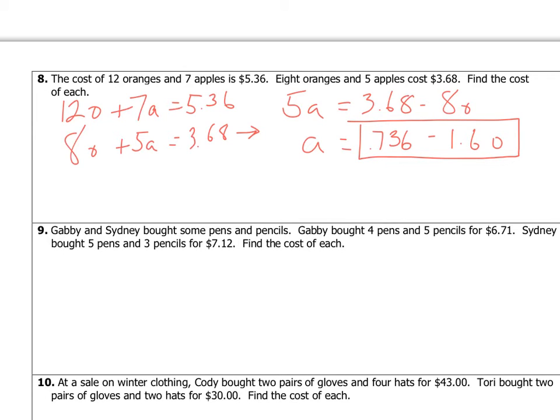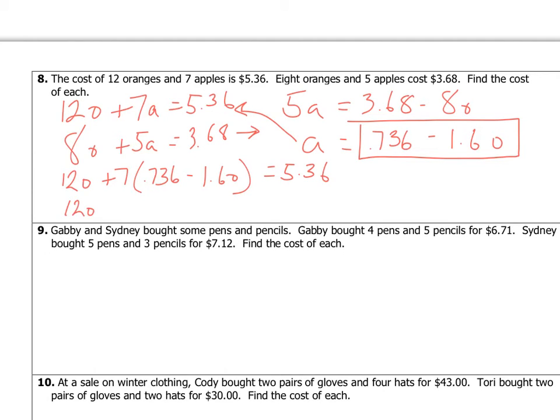All right, so this is not a great equation, but we can certainly use it. Everywhere I see an A, we will now plug that into this equation. So again, this is 12O plus 7 times the quantity 0.736 minus 1.60 equals 536. Distributive property.